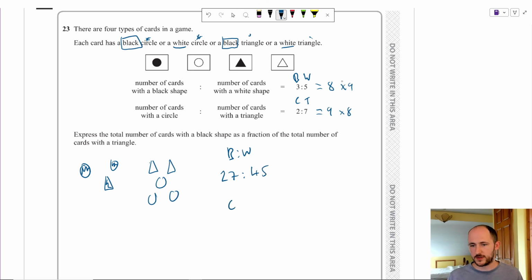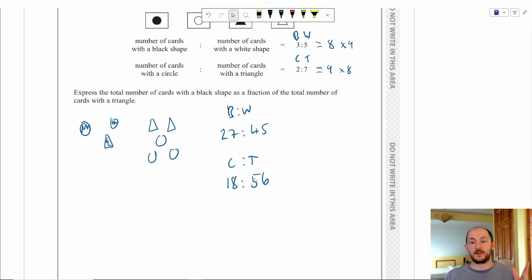And then for circles to triangles, we have 2 times 9 for circles, which is 18, and we have 7 times 8 for the triangles, which gives me 56. Now they have the same total, and I can now draw this out if I wanted to.